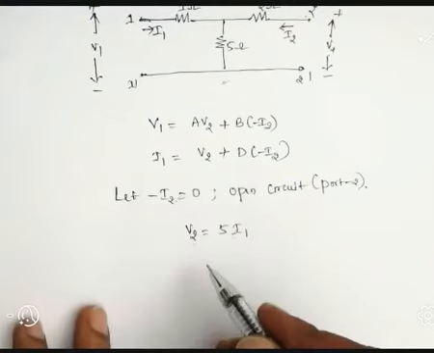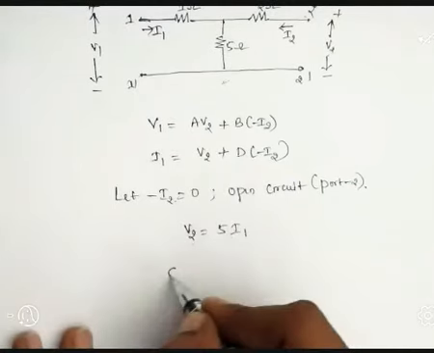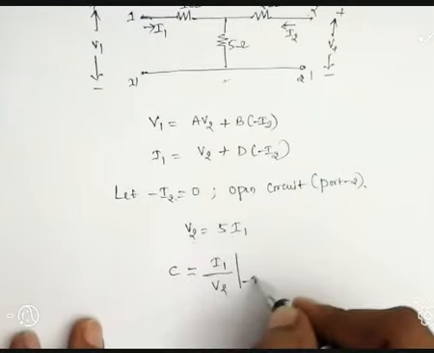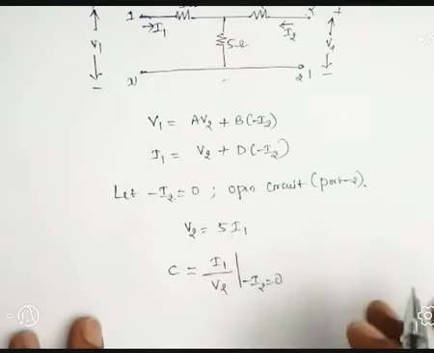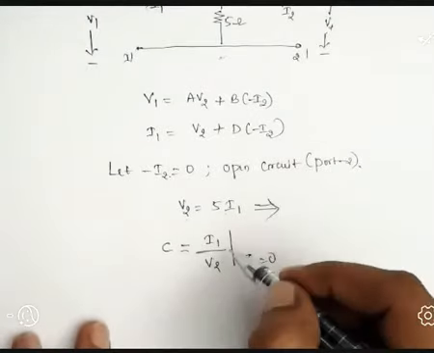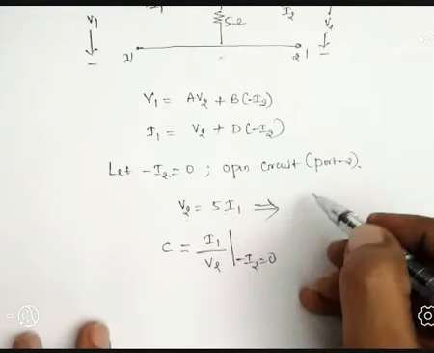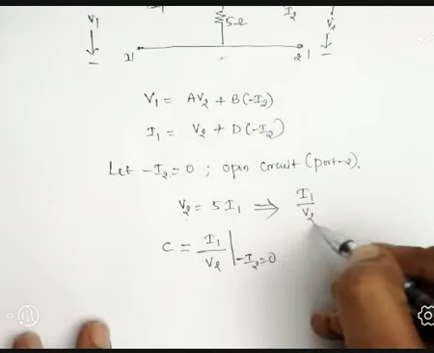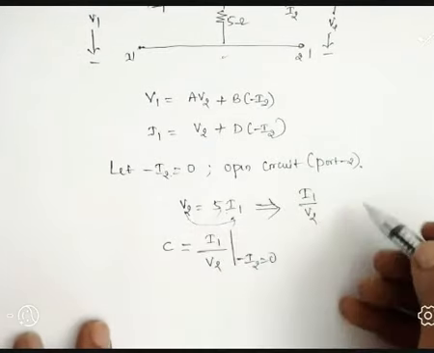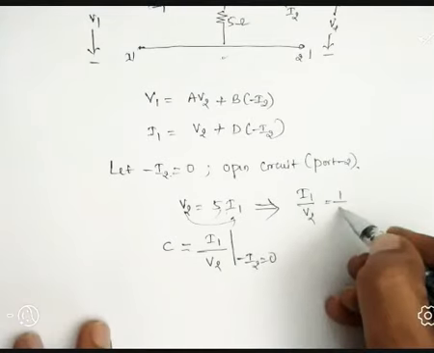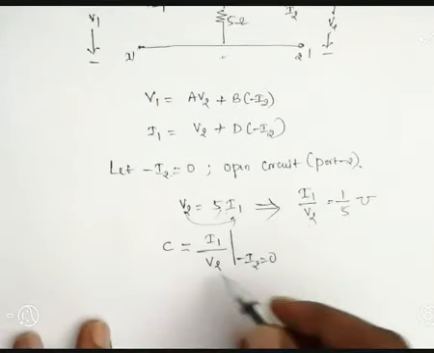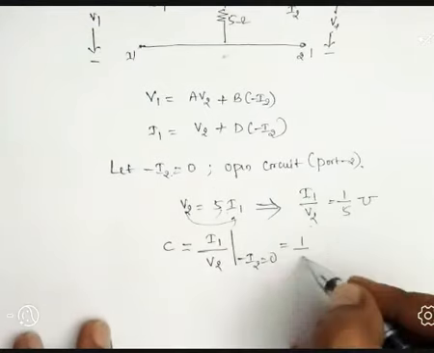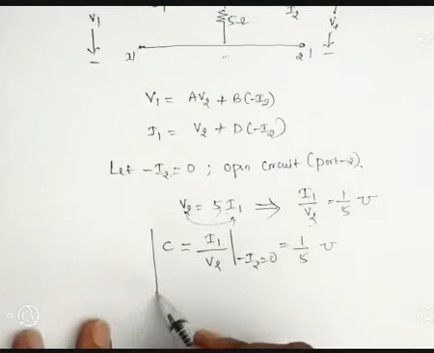Already we know the definition of C parameter. C equal to I1 divided by V2 when minus I2 equal to 0. Now the above equation we can write as I1 divided by V2, take V2 to this side and 5 to the other side. It becomes 1 by 5. I by V means the SI unit is mho. Compare these two things: I1 by V2 equals 1 by 5 mho. Hence, we calculated the parameter C.